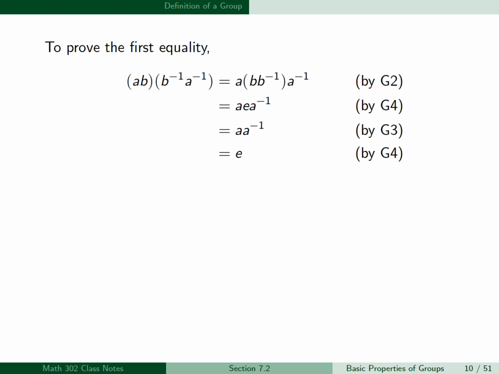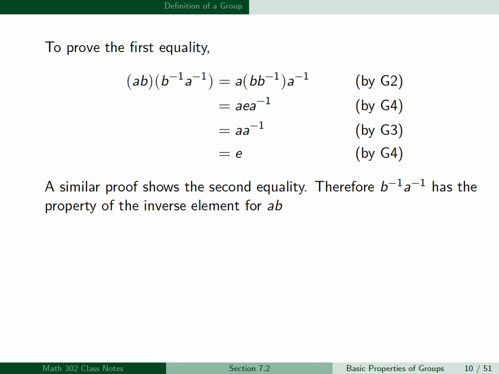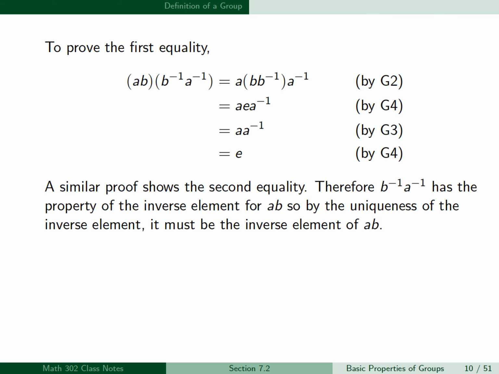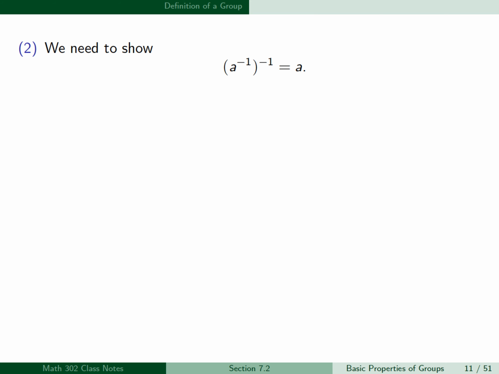And AA inverse will be the identity element E. That's again by G4. So that proves the first equality, and a similar proof shows the second equality, and therefore B inverse A inverse has the property of the inverse element for AB, and so by the uniqueness of the inverse element, it must be the inverse element of AB. Thus, AB inverse is B inverse A inverse.